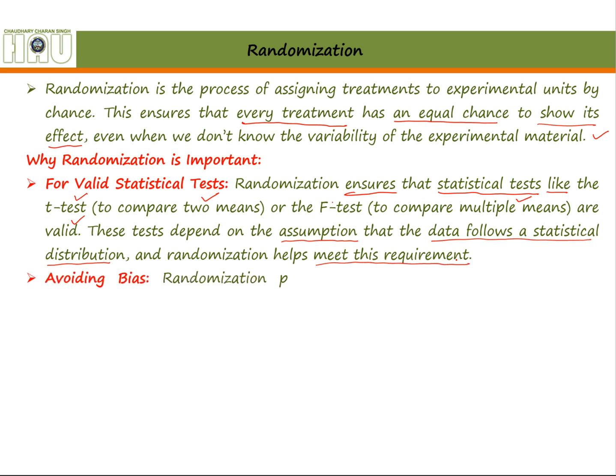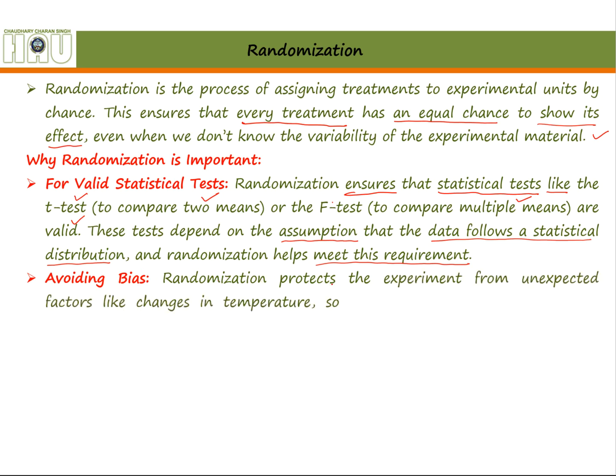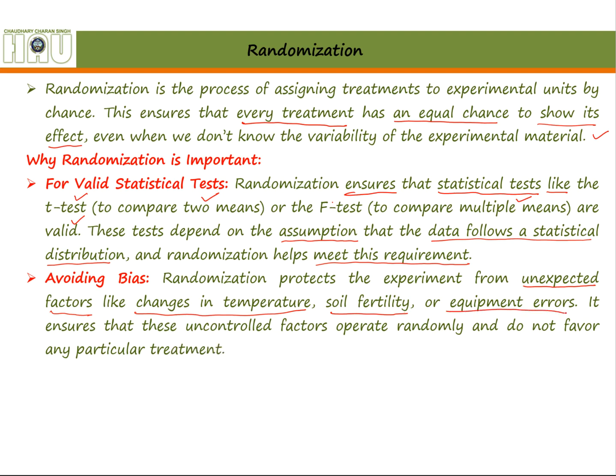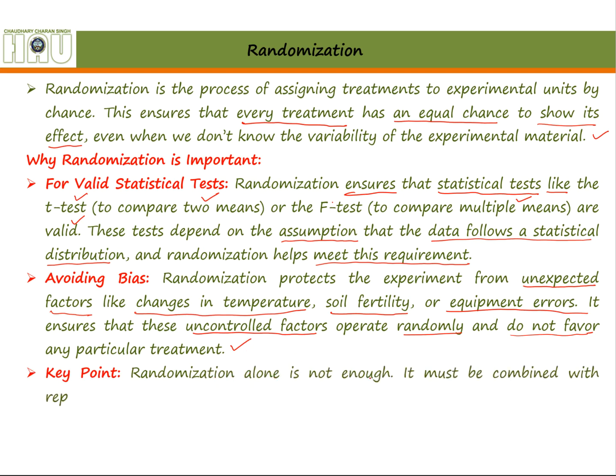Number two, it is also important for avoiding bias. The randomization process protects the experiments from unexpected factors like changes in temperature, soil fertility, or equipment error. So it ensures that these uncontrolled factors operate randomly and do not favor any particular treatment, due to which you can avoid bias in your experiment. Then you should keep in mind that randomization alone is not enough.